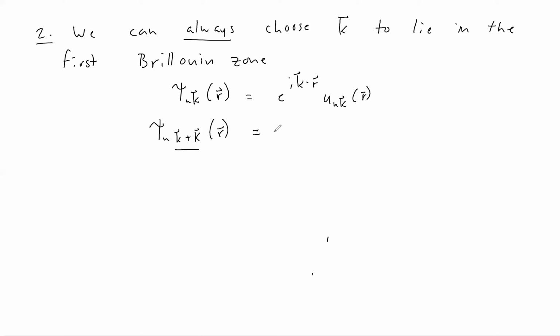The Bloch form for this is e^(ik·r) times e^(iK·r) times u, a different function now, which has the periodicity of the lattice.